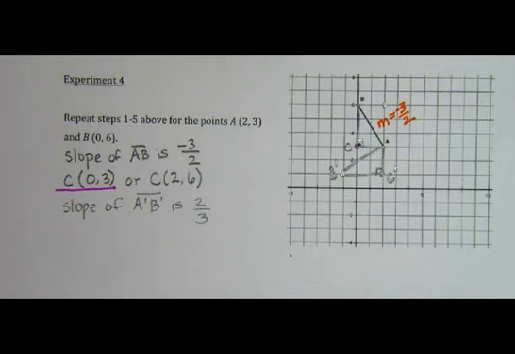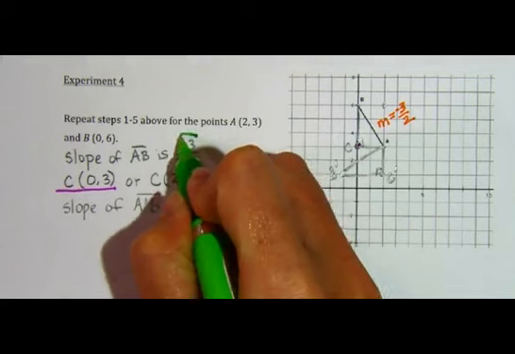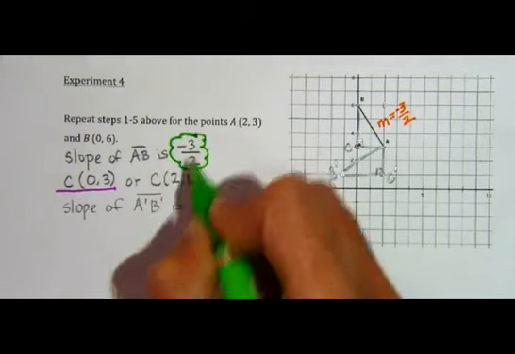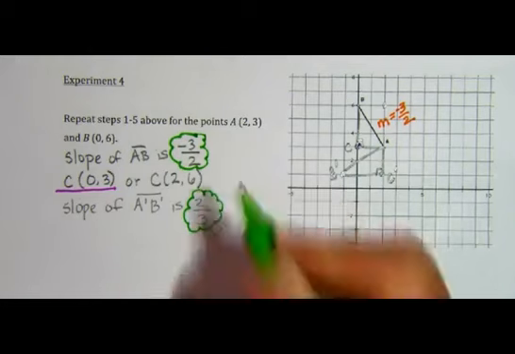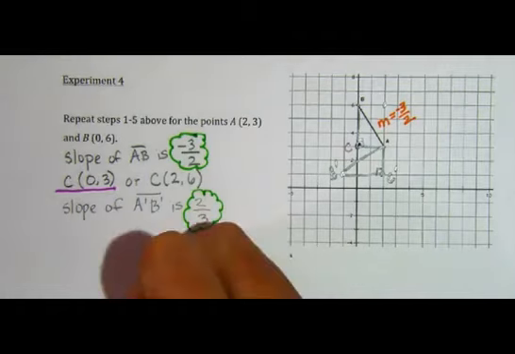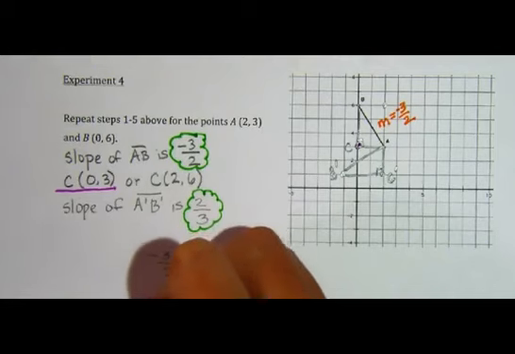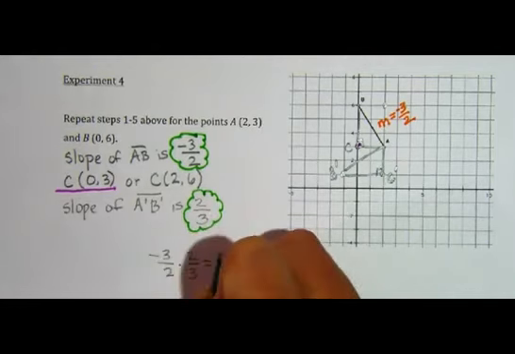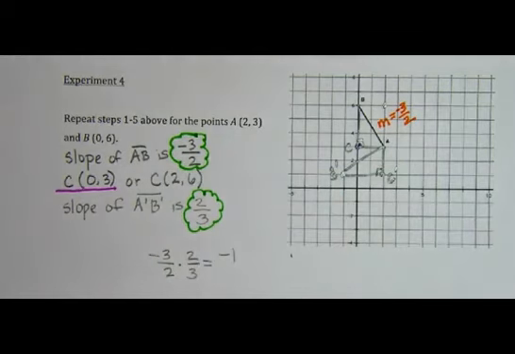We know that segment AB and segment A' B' are perpendicular because the slopes are opposite reciprocals. We can verify that the slopes are opposite reciprocals by finding the product of the slopes. Since the product of -3/2 and 2/3 is -1, we know that the two segments are perpendicular.